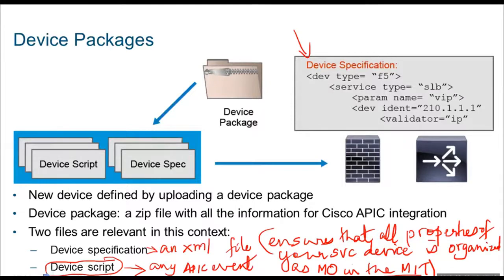Any APIC events to the actual device interactions. Including, if I were to change the security level of my outside interface at the firewall to a certain value, that would be an APIC event. Go ahead and change the security level. It has to convert it into the required command line. That would be done by the device script. It's actually a Python file.